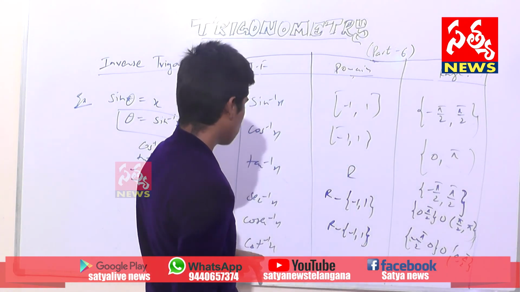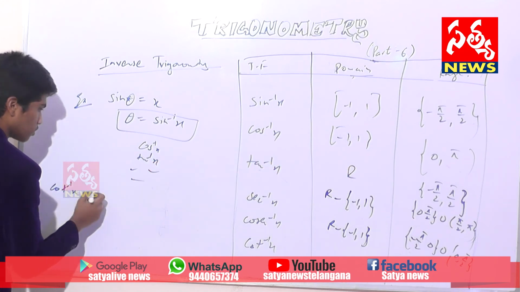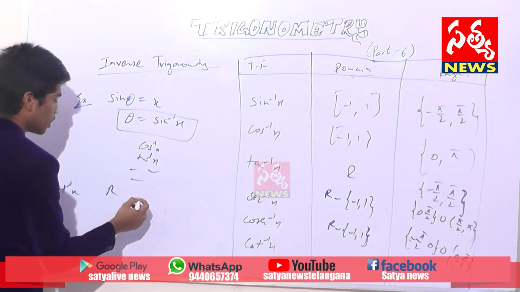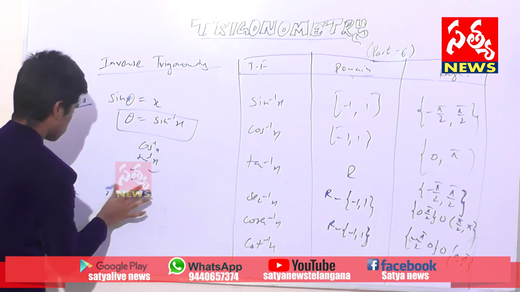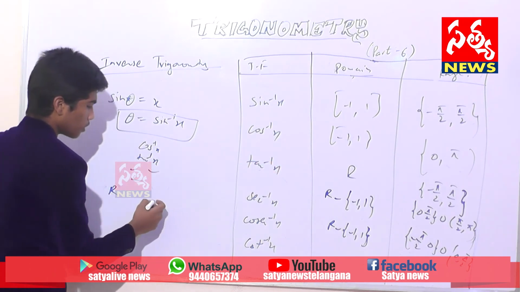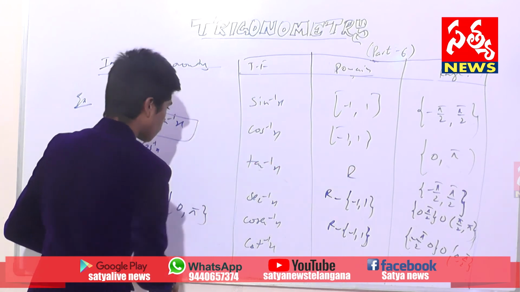Now at last is cot inverse. The domain is R, and the range is from 0 to pi.